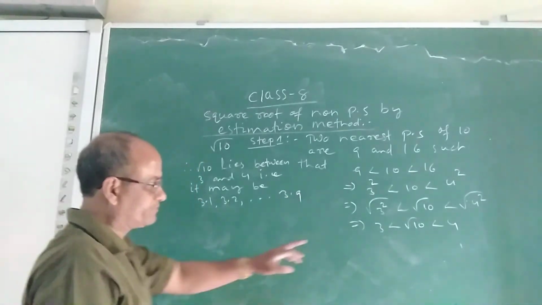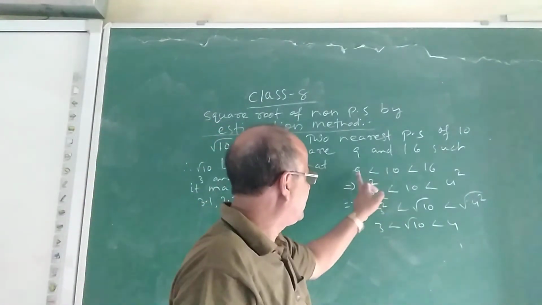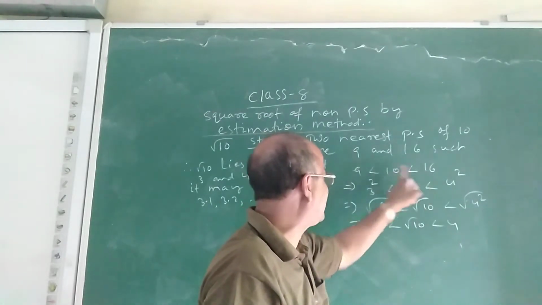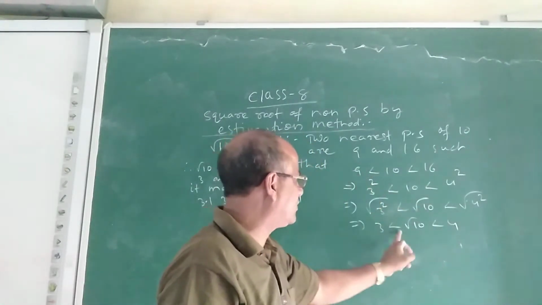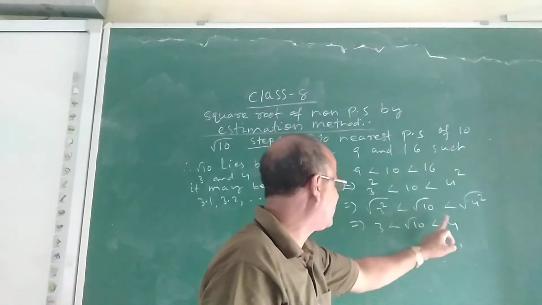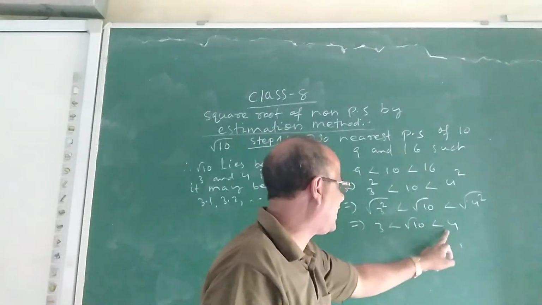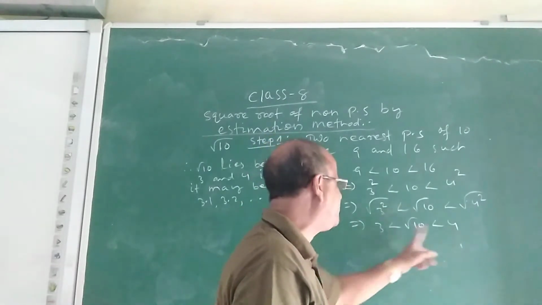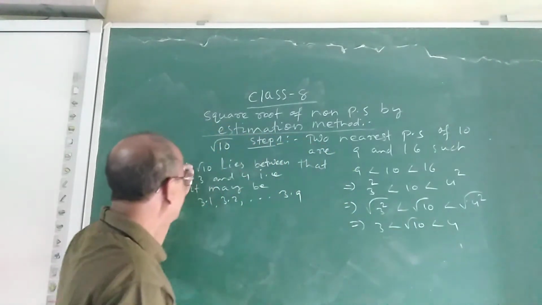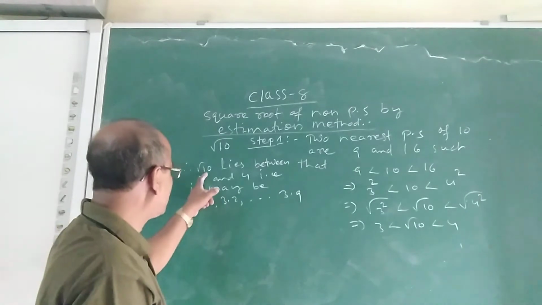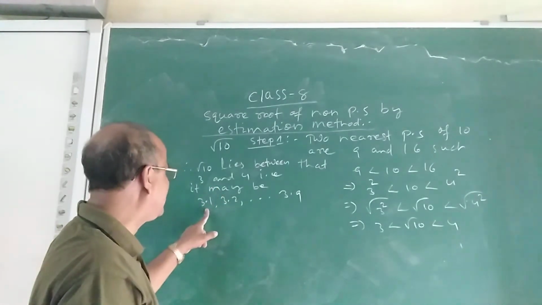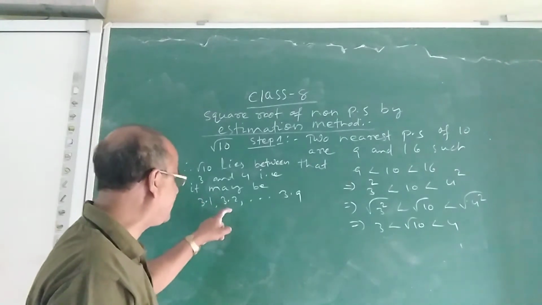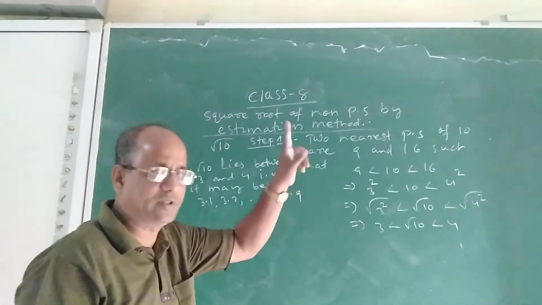You see children, the nearest perfect squares of 10 are 9 and 16, such that 10 is less than 16 and more than 9. So taking square root, the square root of 10 lies between 3 and 4. Now if the square root of 10 lies between 3 and 4, that means it can be any number between 3 and 4. That is, it may be 3.1, it may be 3.2, it may be 3.3 up to 3.9.